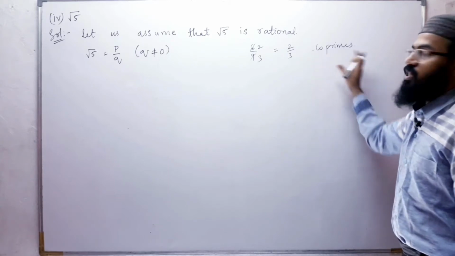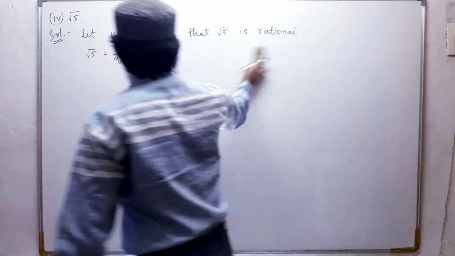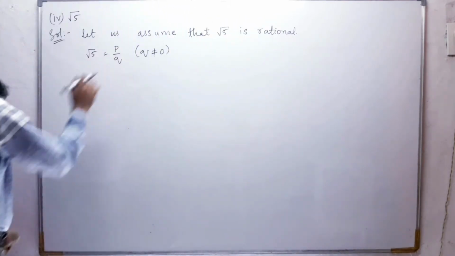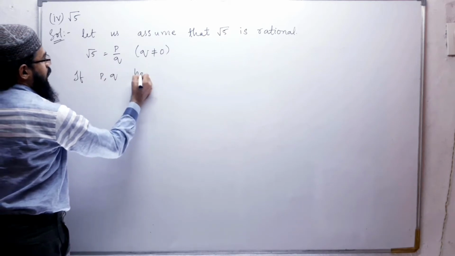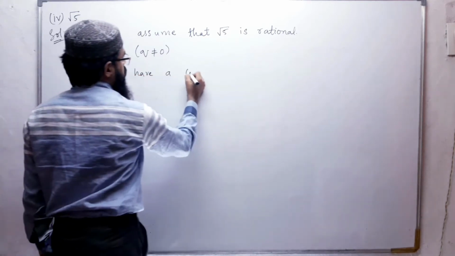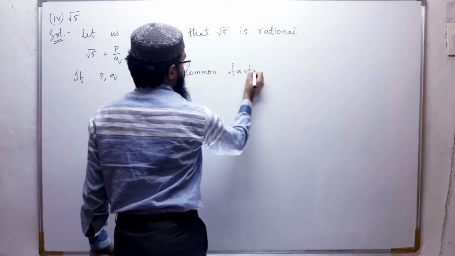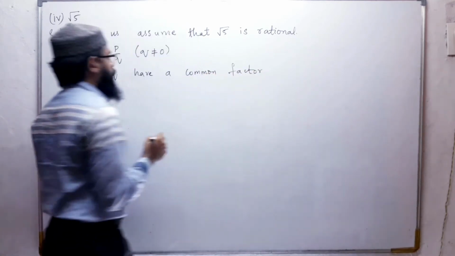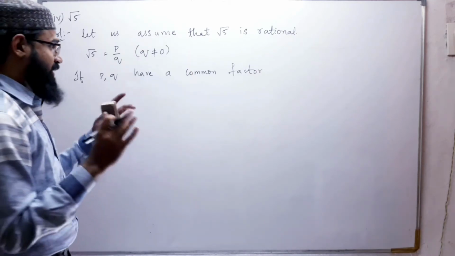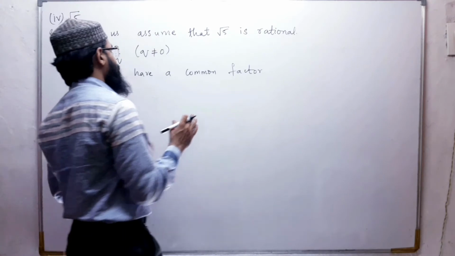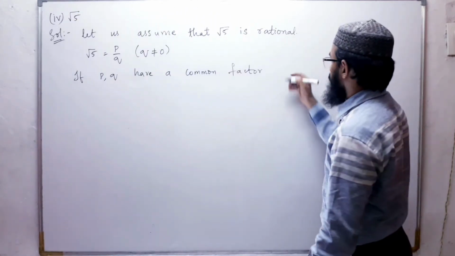So this is just for explanation. Now let us do it here. If p comma q have a common factor, like I just explained with an example, let us cancel that common factor.